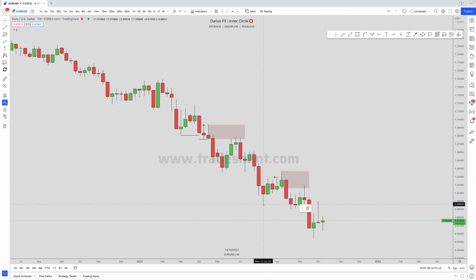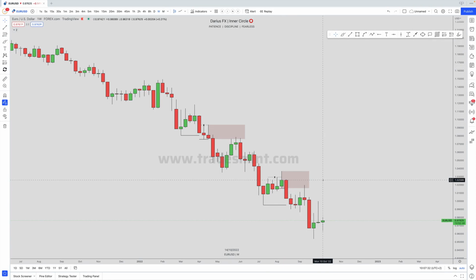It started to move up, down, up, down, up, right? And it broke, of course, also this candle, so it went below this candle. And it also broke some major form of structure. Whenever it's breaking a major form of structure, it's super interesting for us to look for something.